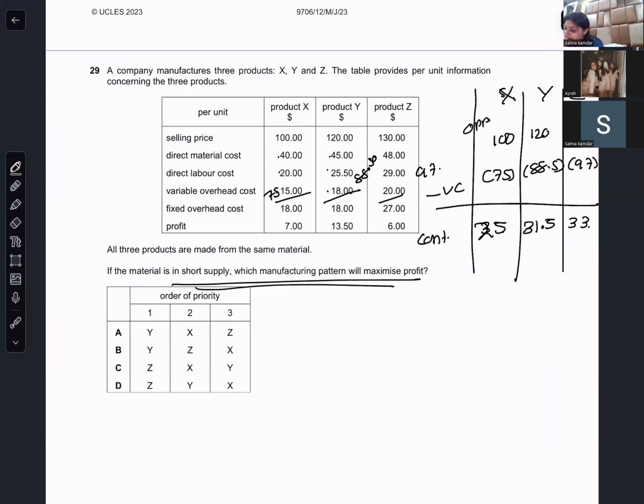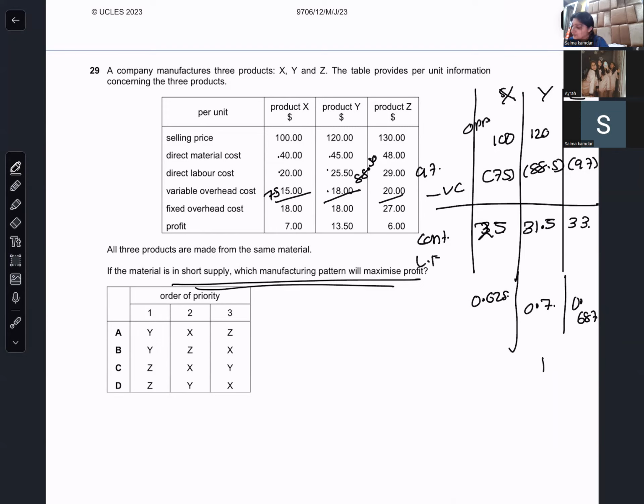So you'll do 25 divided by 40, which is 0.625. Then 31.5 divided by 45 is 0.7. Then 33 divided by 48 is 0.687.